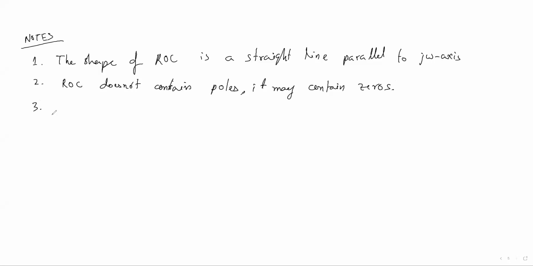The third point: for a right-sided sequence, a right-sided signal. What is called a right-sided signal? A unit step signal is a right-sided signal, because the signal is present for positive time duration. So the ROC is to the right of the rightmost pole.